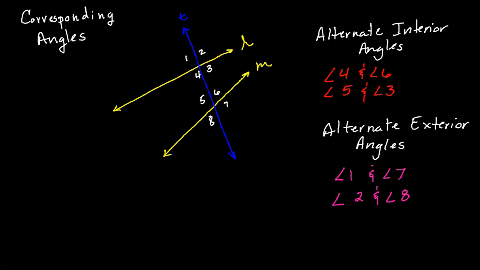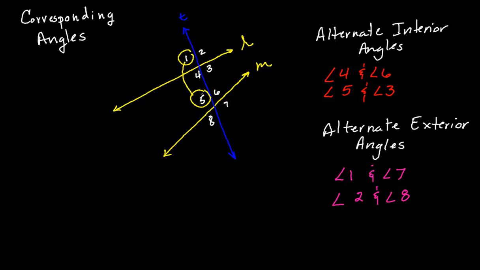Okay, another set of pairs are called corresponding angles. Now, corresponding is a little bit difficult to explain, but if I were to take line L and land it exactly on top of line M, the result is that angle 1 would land on top of angle 5.